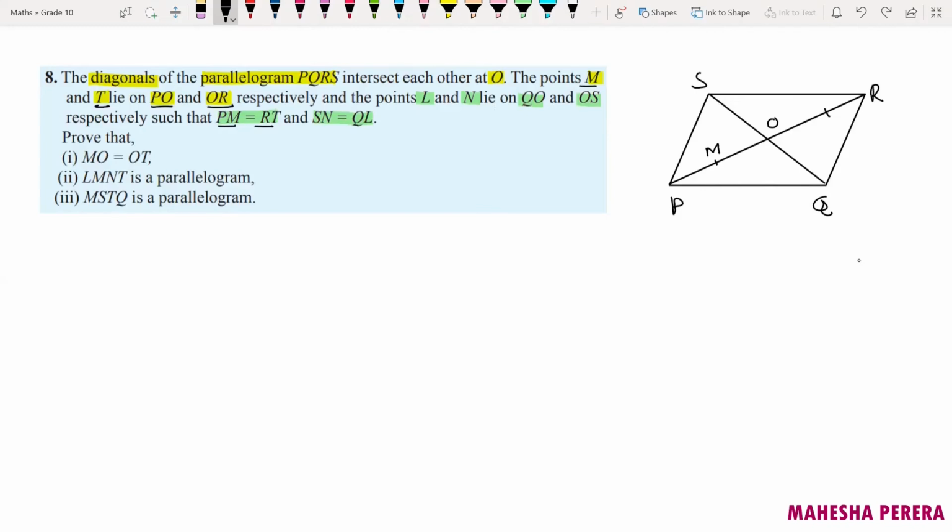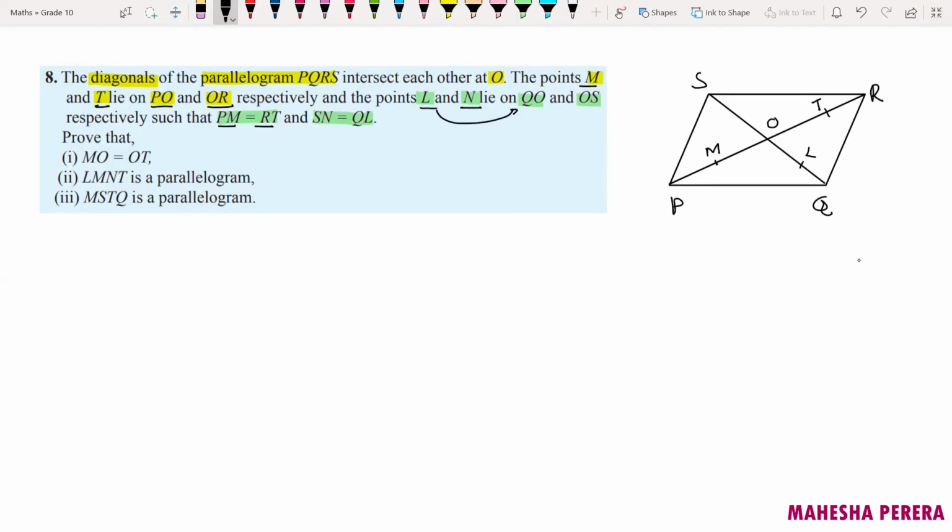Roughly, this is our point T. Okay, then same thing on the other diagonal. L and N, L on QO, this side. So let's mark it.